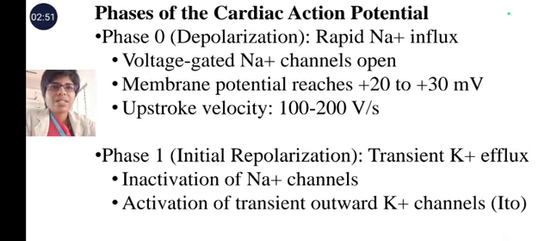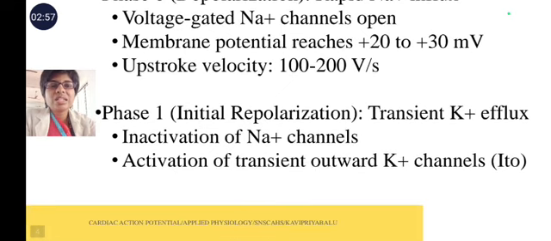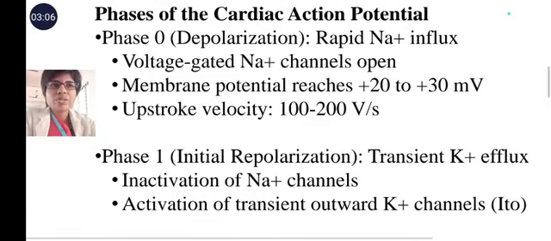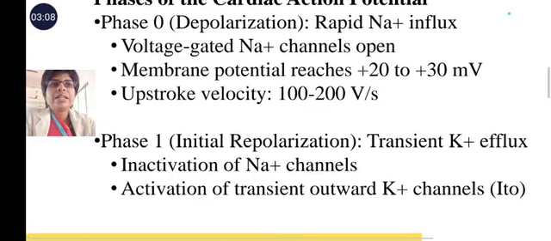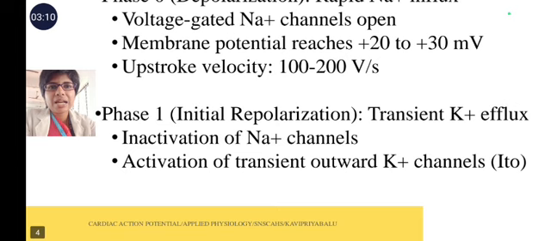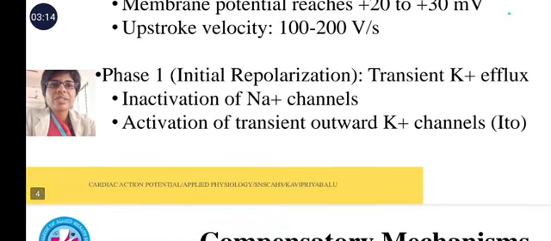Then phase 1, that is initial repolarization, in which transient potassium gets effused. Inactivation of sodium channels: initially the sodium channels get opened and influx of sodium happens. Then there is inactivation of sodium channels and activation of the transient outward potassium channel, that means efflux of potassium ions.